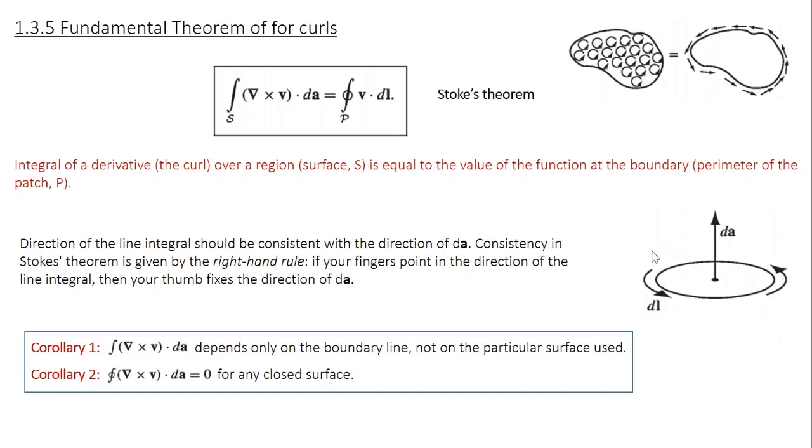Now it's possible that a number of surfaces will have the same boundary. For example, take a thin ring like this and dip it in a soap solution; you will have a thin layer of soap film. Here the surface is the soap film and this ring is the boundary. Now you can blow air from the downward side.